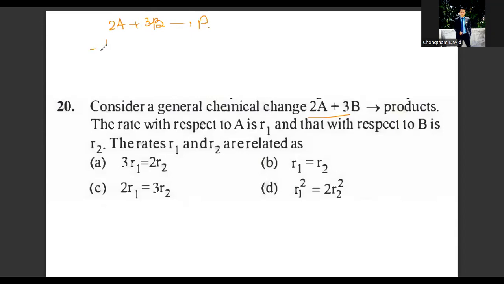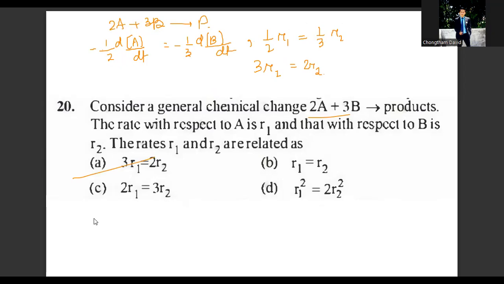So the rate is minus 1 by 2 dA by dt equals minus 1 by 3 dB by dt. So I can write 1 by 2 R1 equals 1 by 3 R2. The relation between these two is 3 R1 equals 2 R2. So A is the answer for question number 20. I hope it's clear.